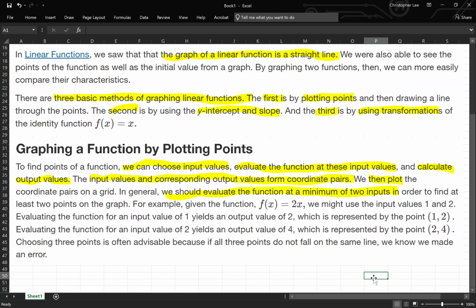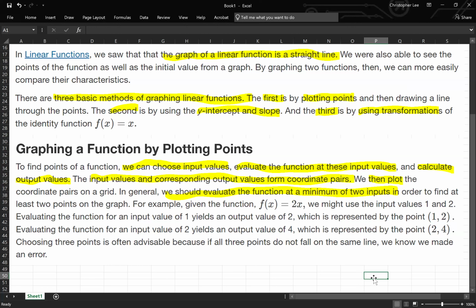The input values and corresponding output values form coordinate pairs. We then plot the coordinate pairs on a grid. In general, we should evaluate the function at a minimum of 2 inputs in order to find at least 2 points on the graph.